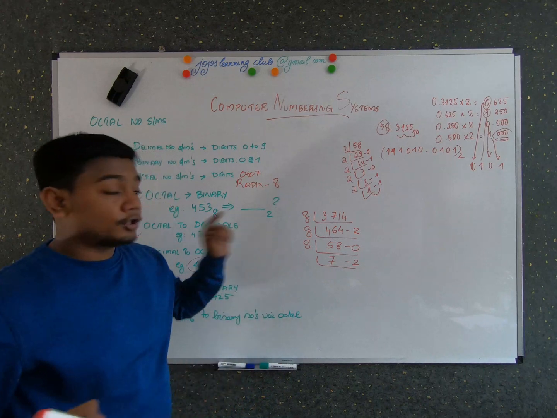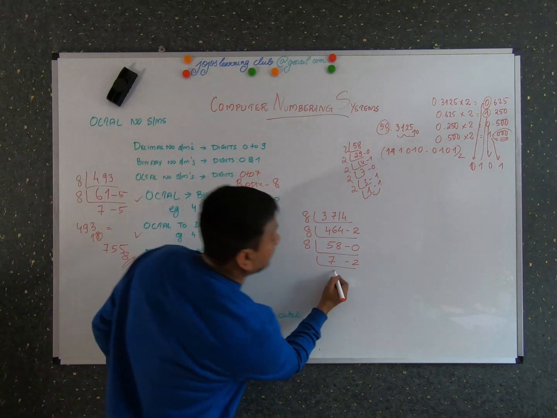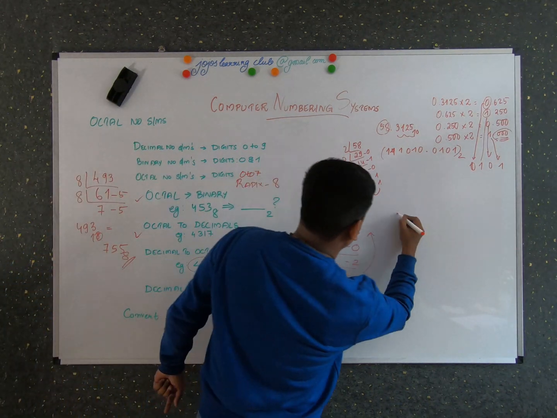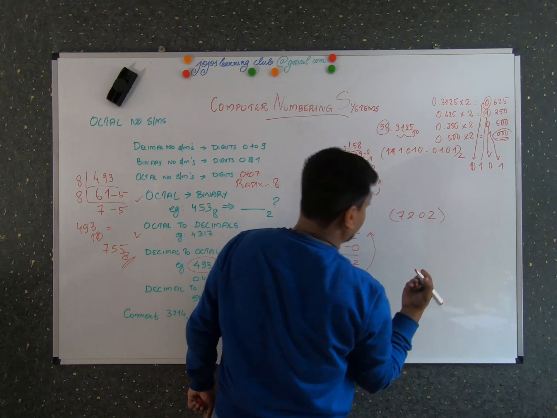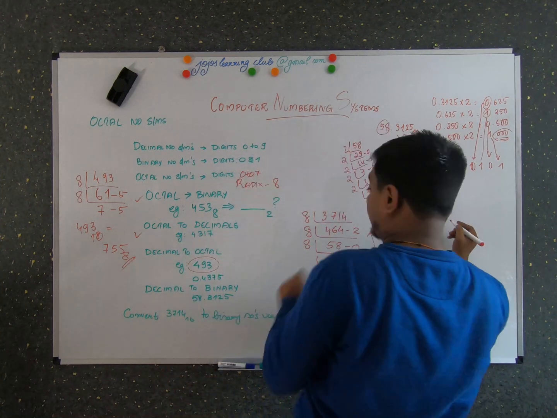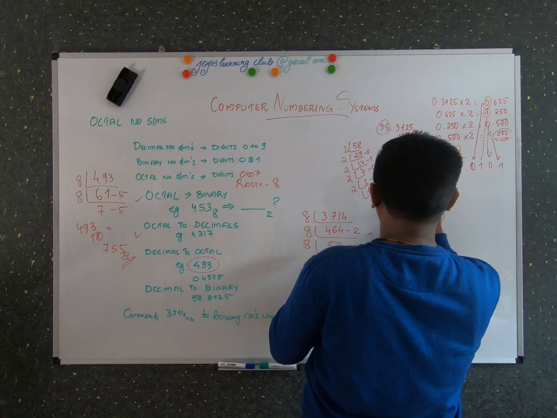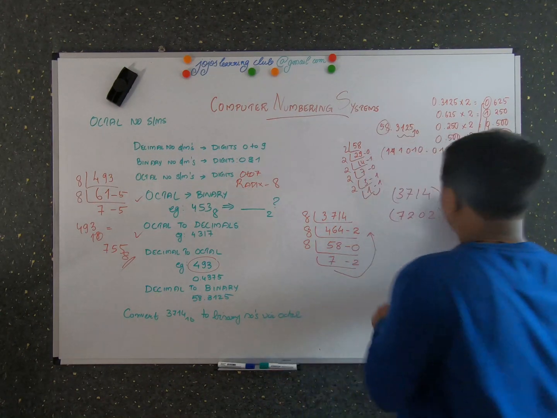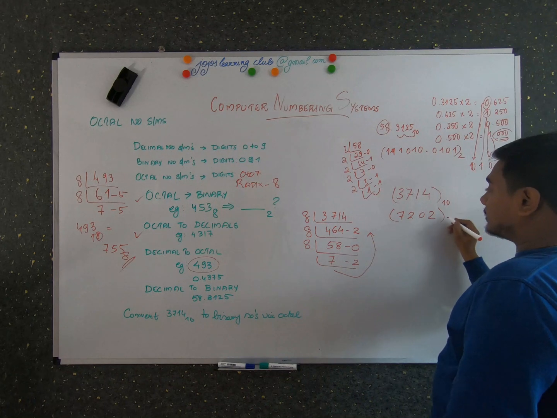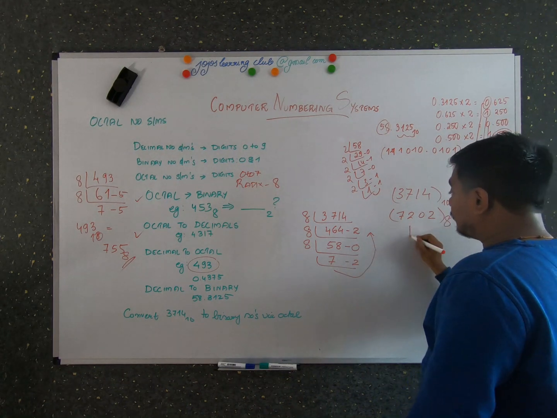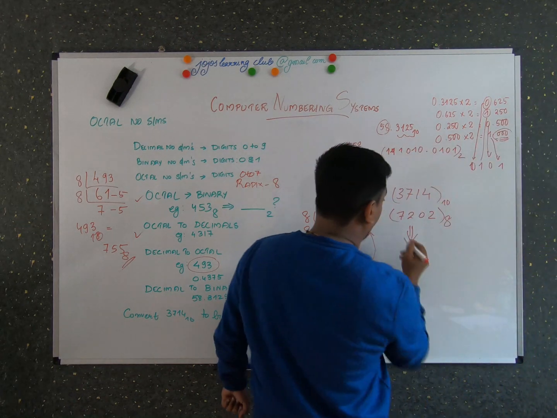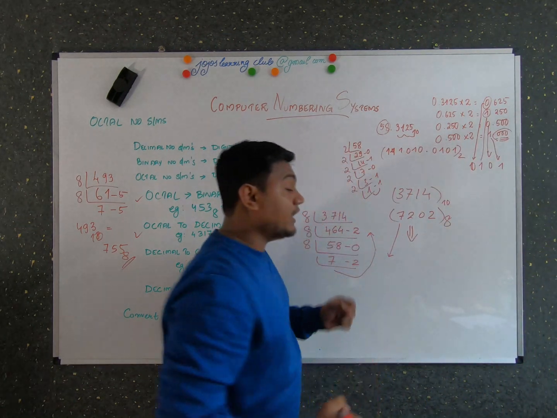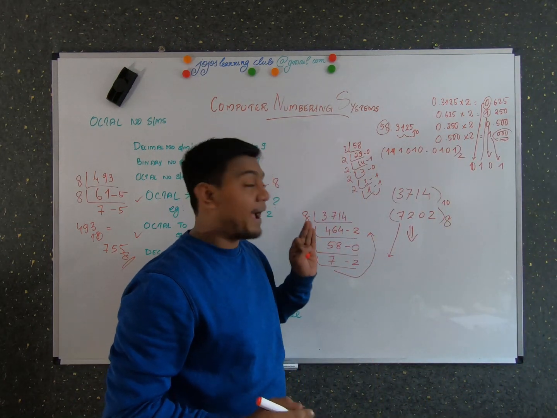As I said, to write this number you start from the last remainder. So 7 2 0 2. This is the octal representation of the number 3714. 3714 is with base 10 and this is with base 8. Now you want to convert this into binary numbers. For each octal digit you have 3 binary digits.